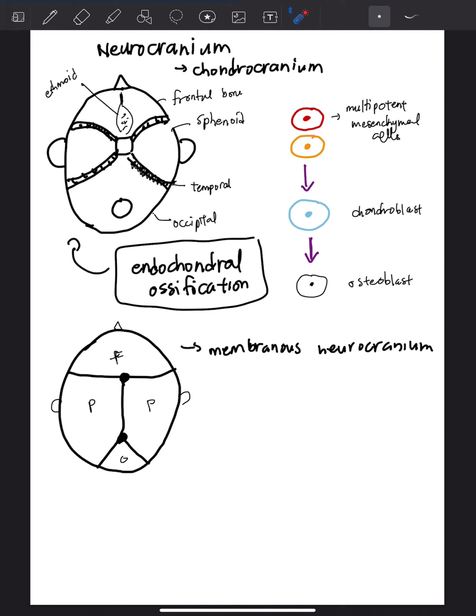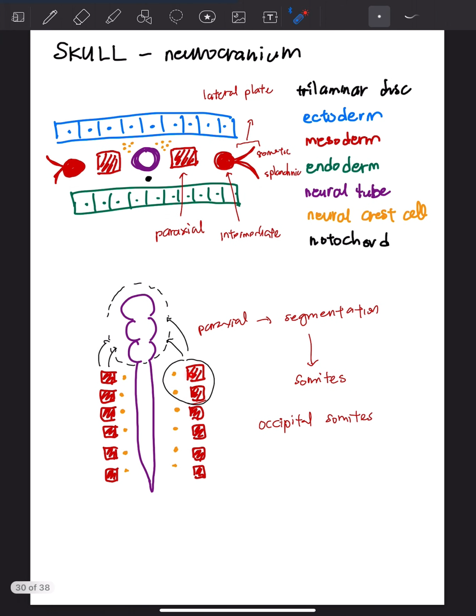In this area, the membranous neurocranium, the structures come from the paraxial mesoderm that will undergo segmentation and form somites. So the occipital somites, along with the neural crest cells, are going to surround the top part as well.